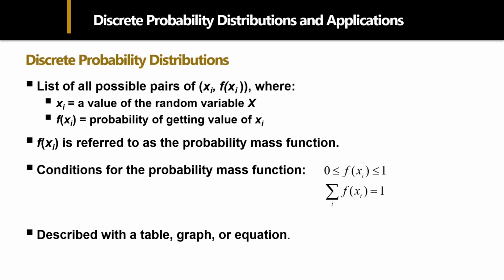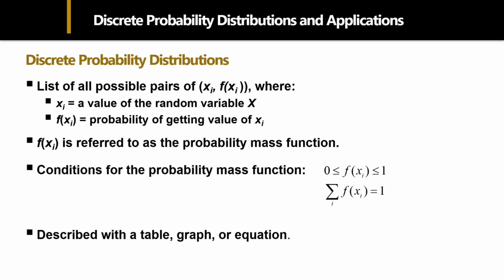A discrete probability has a definition where x is the outcome and f of x is the probability of getting that outcome x. Since it's a discrete probability distribution, we call that probability, the f of x, the probability mass function.